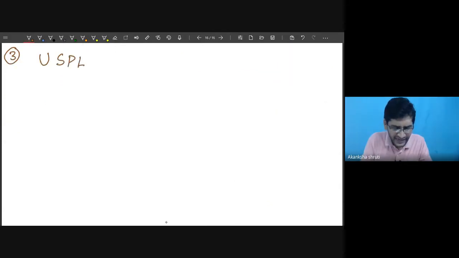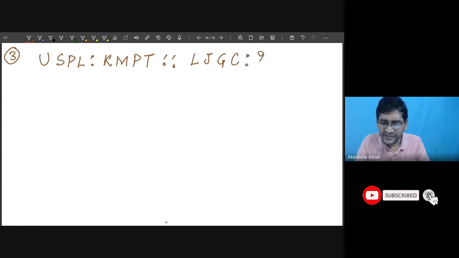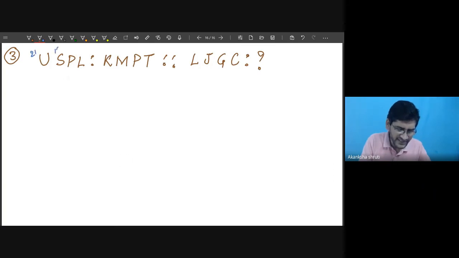USPL is to KMPT, then LJGC is to what? U is 21, S is 19, P is 16, L is 12.